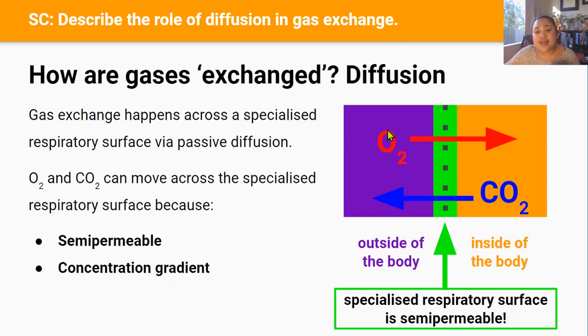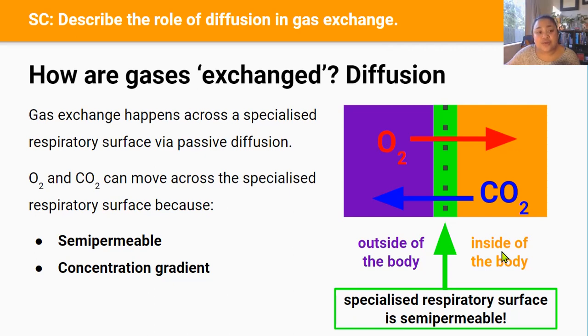Like oxygen, it has to either be in high concentration on this side and low concentration on this side, or vice versa. If they're equal in concentration on either side of the membrane, then no diffusion is going to happen. Because remember, diffusion is driven by the concentration gradient. There's nothing else driving diffusion but a concentration gradient.